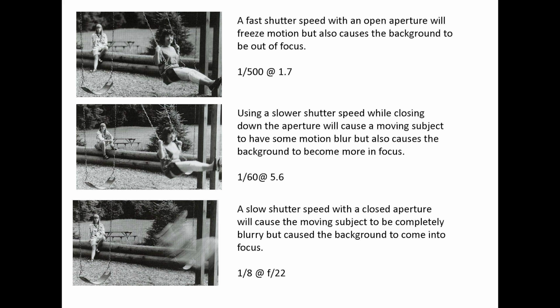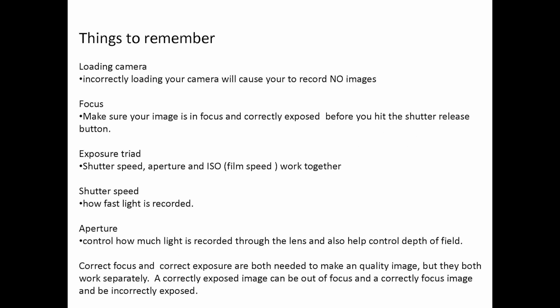Do you care if there's motion blur? Do you not care if there's motion blur? All those things kind of come together to help take a picture. And if you, again, need more instruction on this, come talk to me in lab, and we'll figure it out together.